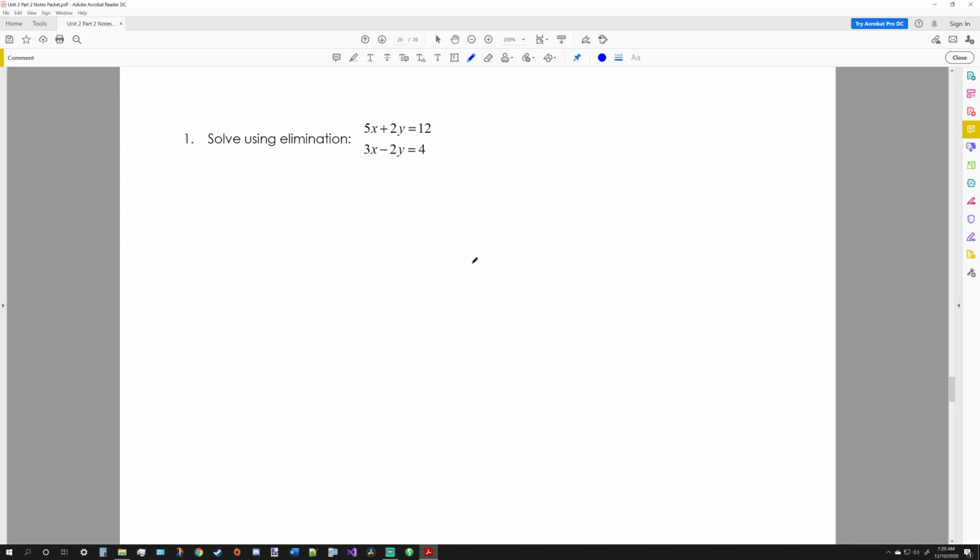Okay, so for number 1, I said that you should multiply by the opposite coefficient and make one negative. So I'm just going to go ahead and do that. I'm going to multiply the top one by 3 and the bottom one by -5. Opposite coefficient, make one negative. So that's 15x plus 6y equals 3 times 12 will be 36.